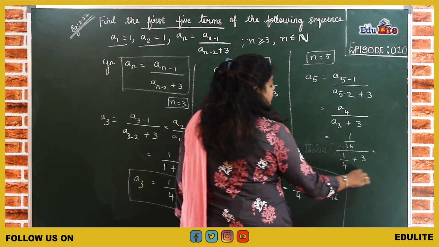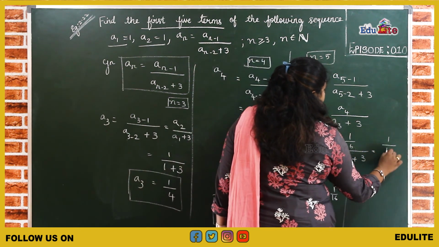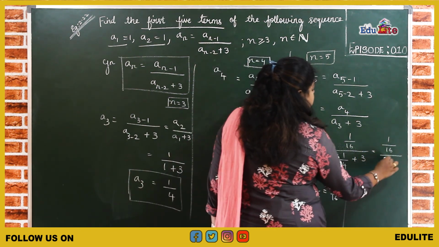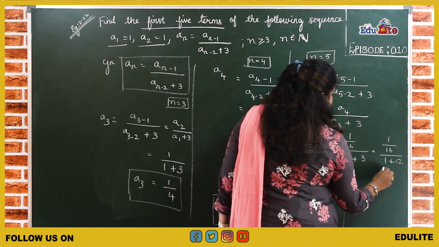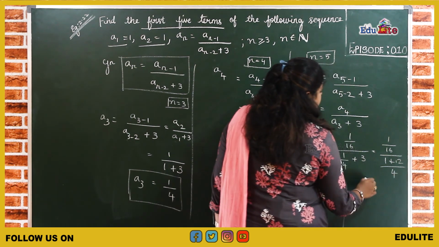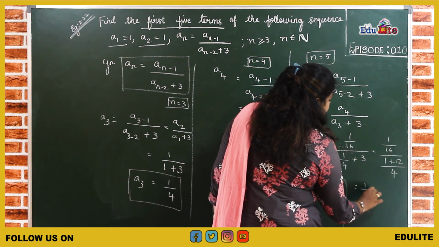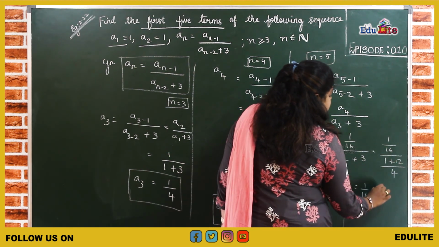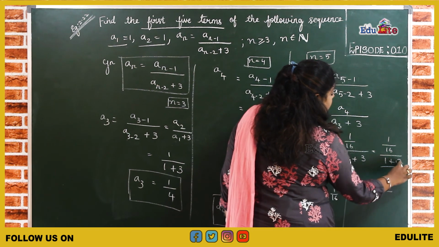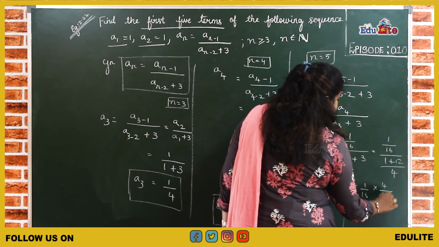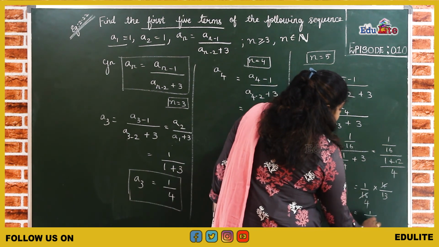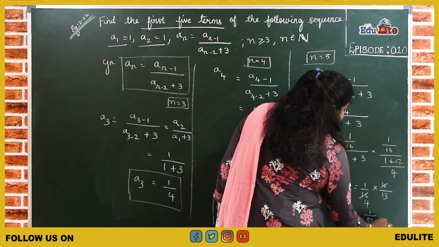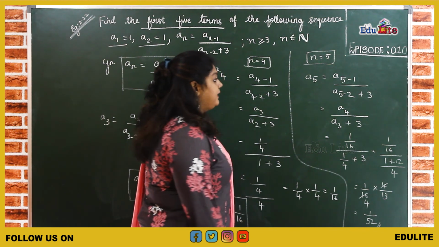So, first we will complete the denominator portion. It will become 1 by 16 by 4 3s are 12. Therefore, taking LCM, 1 plus 12 divided by 4 and simplifying this, 1 by 16. This we can reciprocate. It will become 4 by 1 plus 12, it is 13. Cancelling this it will give me 4. 13 into 4 is 52. Therefore, the fifth term in the sequence is 1 by 52.